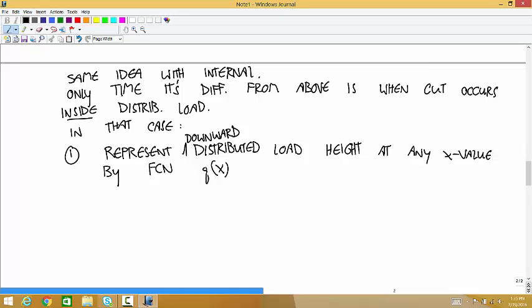So that means that if you get a positive value of this function q of x, that's a downward force, like a weight.